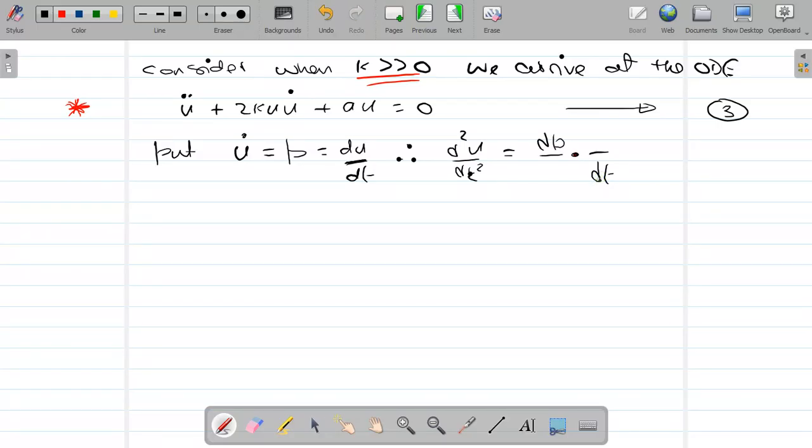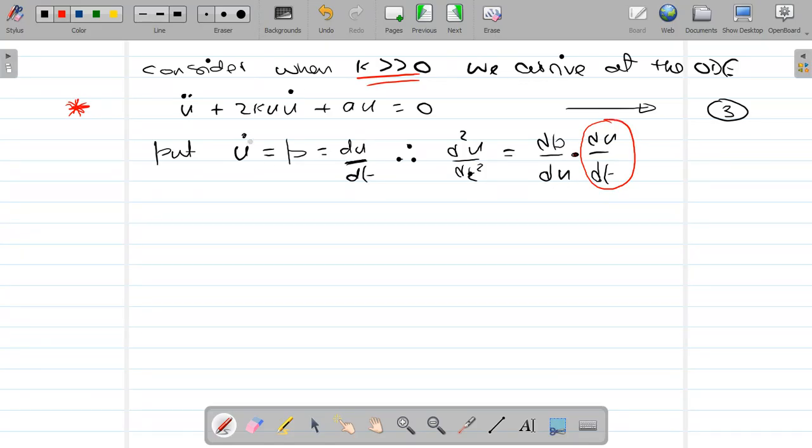So we've got dp by dt, but we shift the dt over here, onto the denominator of this fraction here. And so what we write here is du and du there. So by the chain rule, d squared u by dt squared becomes dp by du dot du by dt. We know what du by dt is.